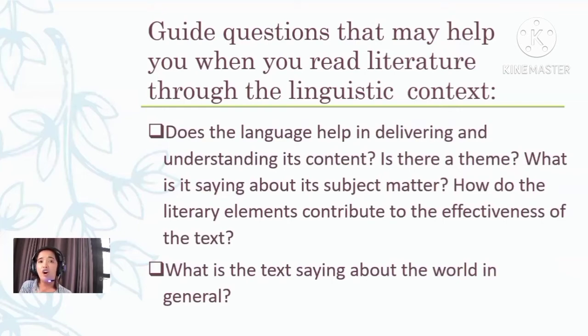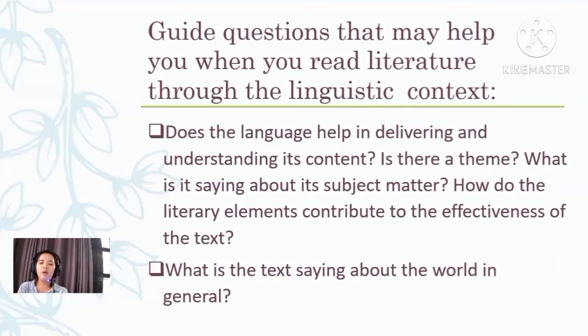Do you think they all hit with a theme? And do you think they all hit with a certain subject matter? So those words interconnected with each other, when they are put and fit into literary elements, they become effective, and more striking to the audience.